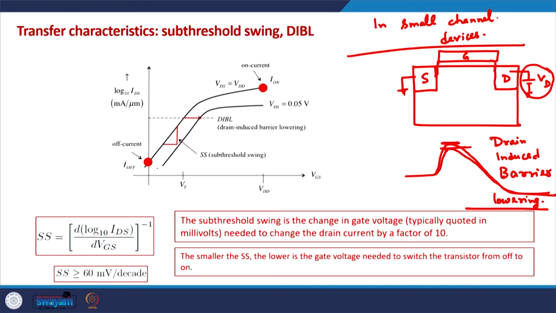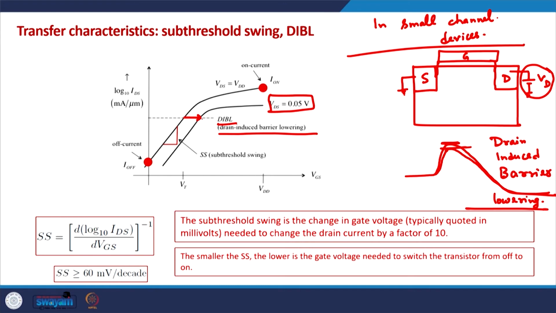In the subthreshold characteristics, because of DIBL, the transfer characteristics are shifted. If the drain voltage is low, the characteristics are on the right side.